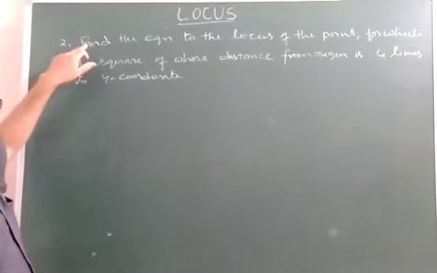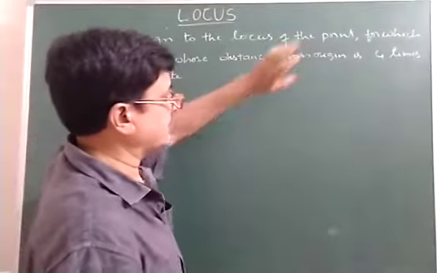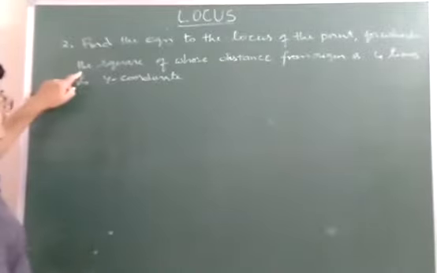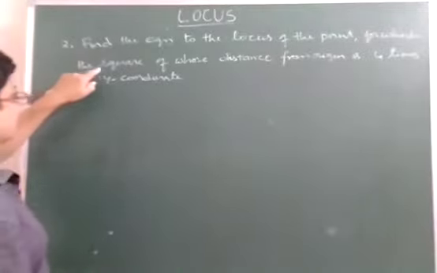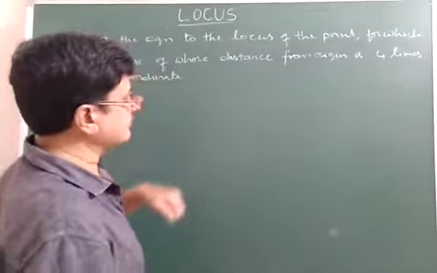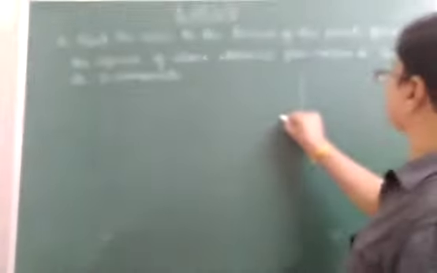And the second question is: find the equation of the locus of a point, the square of whose distance from the origin is 4 times its y coordinate. That means this is the coordinate axis.